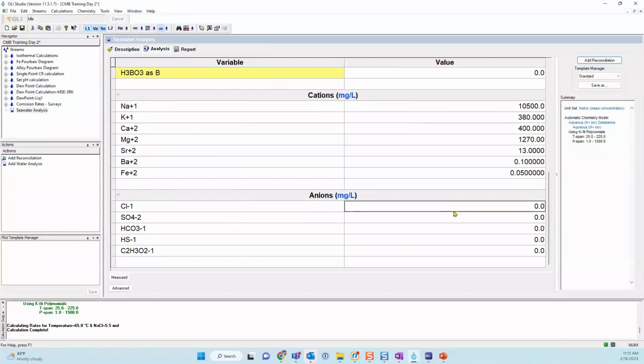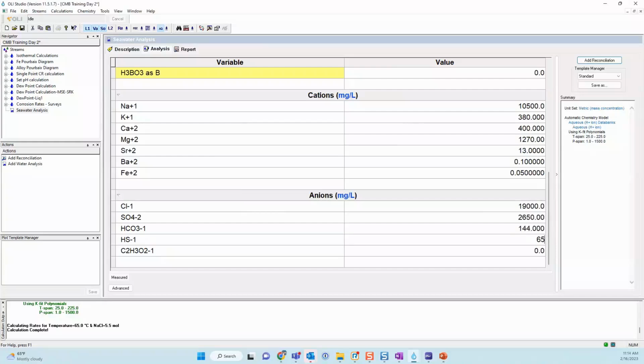For chlorides, 19,000. Sulfates, 2,650. Oh, I put it wrong. 2,650. Bicarbonate, 144.